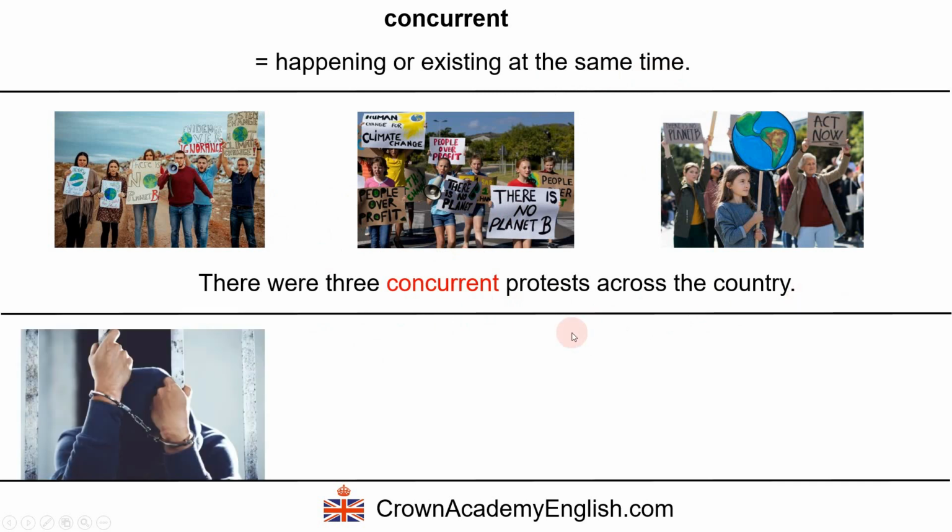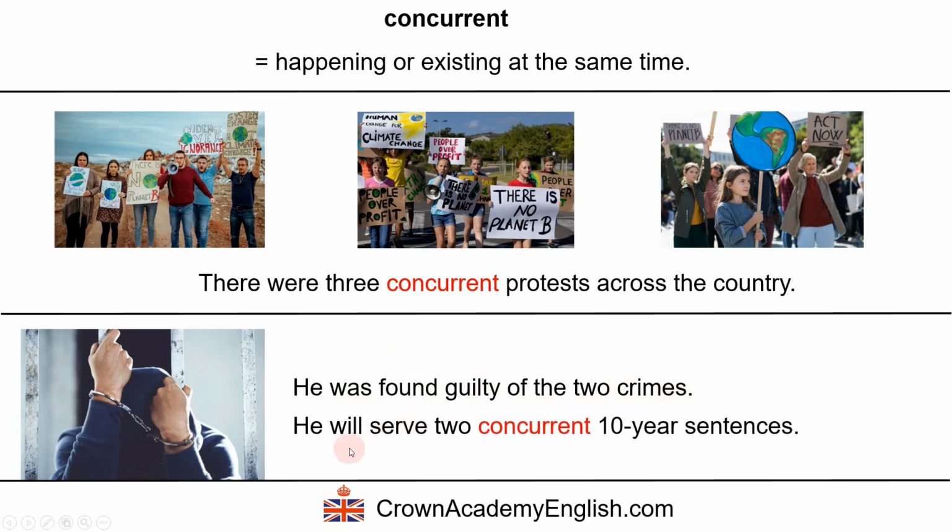Another common example of this is in a legal context. So we say that he was found guilty of the 2 crimes. Okay, so in a court of law, the jury found him guilty of the 2 crimes. And then he will serve 2 concurrent 10-year sentences.